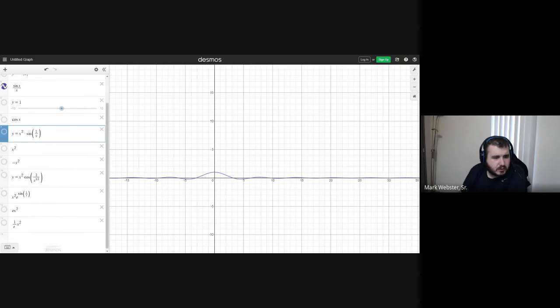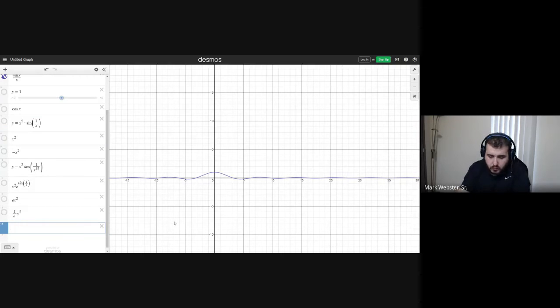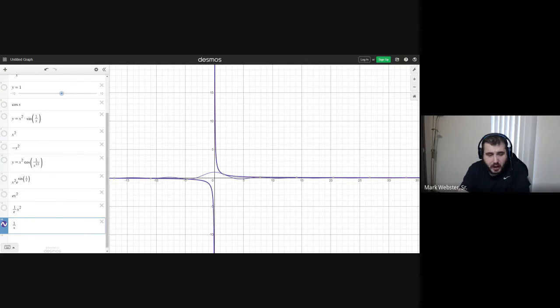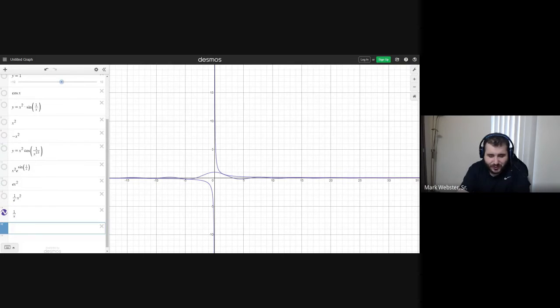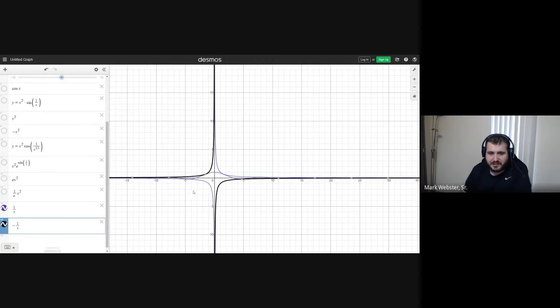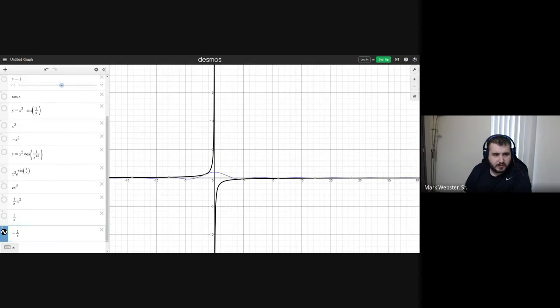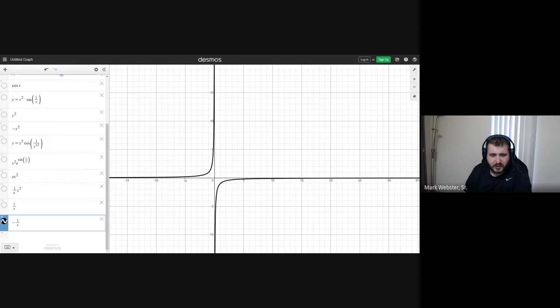I'm going to have to do them down here. 1 over x does do what we said it should do, but the problem is that the limit doesn't converge at 0, right? If I try and find the limit as x approaches 0, they go away. So we can't use those. And the same thing with the other one. There's no value at 0 that we can work with, so we can't use those.